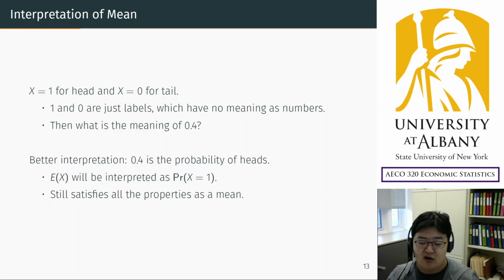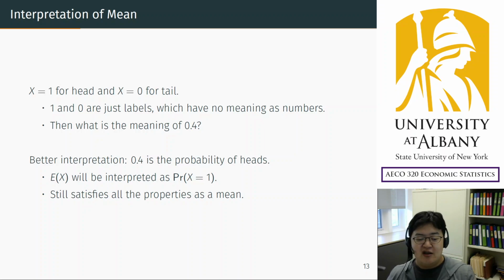But it doesn't mean that 1 is greater than 0, right? They are numbers just because we needed numbers. So that causes a problem in interpretation. When you interpret the mean, 0.4 is not a possible outcome.